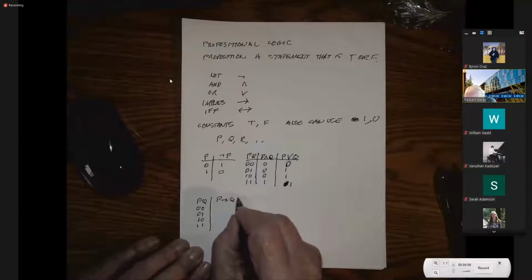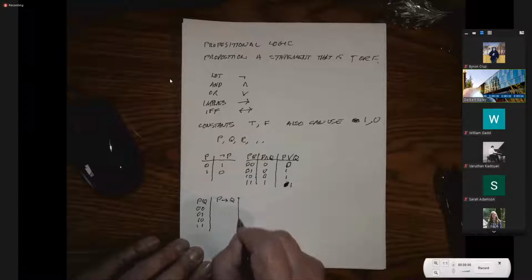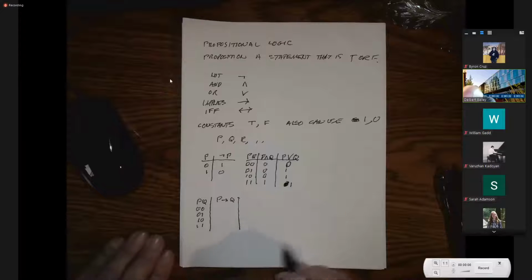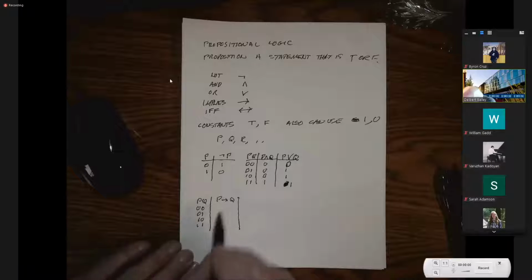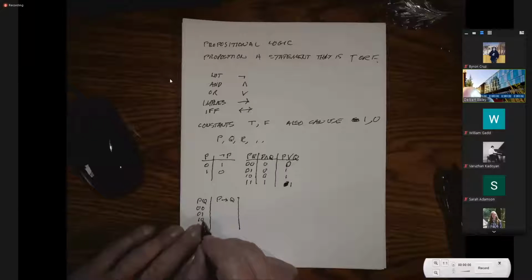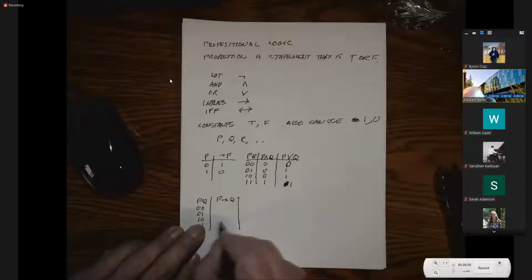Okay, so here's the one that could be troublesome if you think intuitively about it. What this says is, it is not the case that P is true and Q is false. P is true, Q is false would be right here, right? So it's saying this is false.